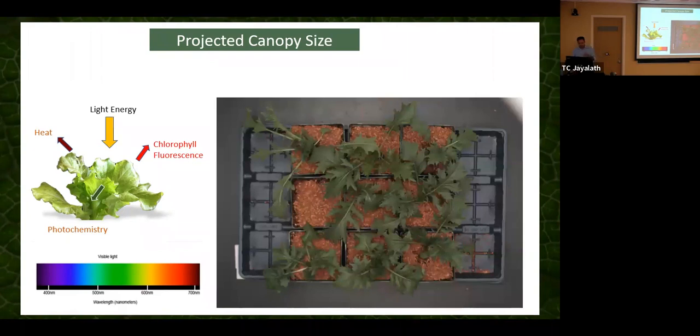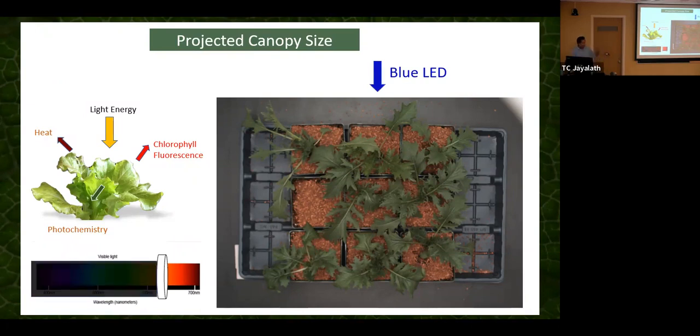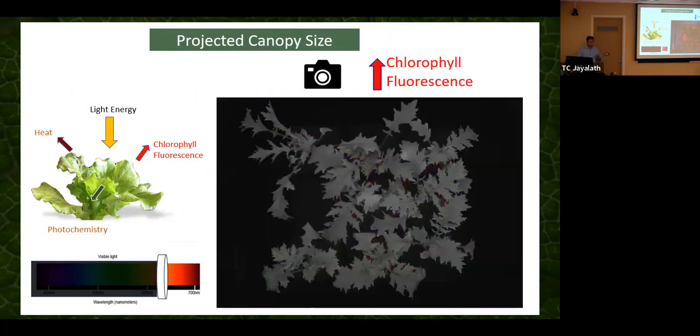For example, in this picture of Mizuna, you can see multiple colors in the background. If you give blue light to this plant and take a picture with a camera that has a bandpass filter that cannot see any of the blue light, we can only see the red light coming from chlorophyll. With this method, we can easily separate the background from the leaves, and so measure canopy size.